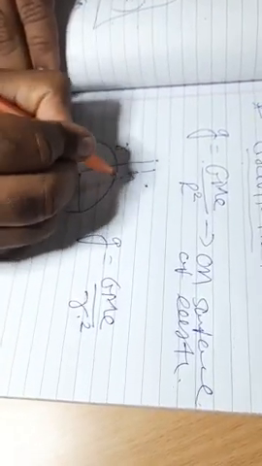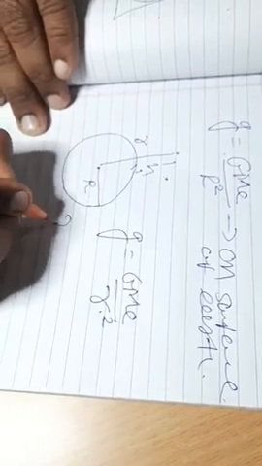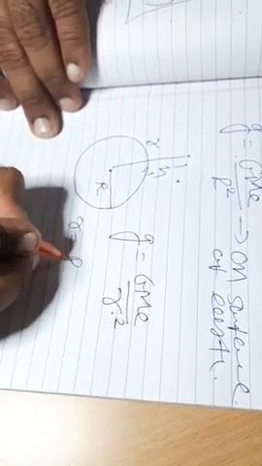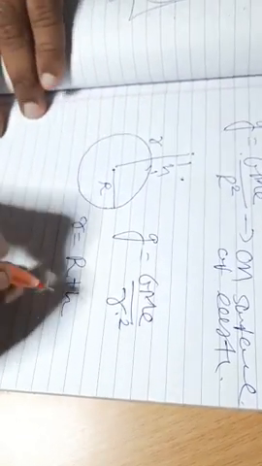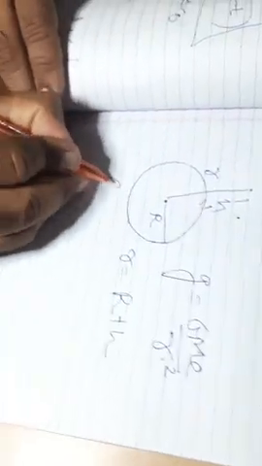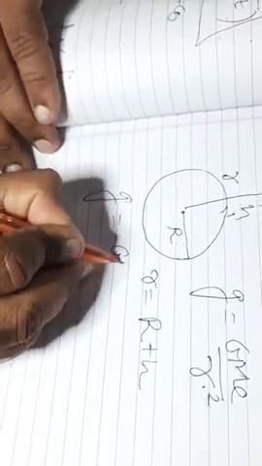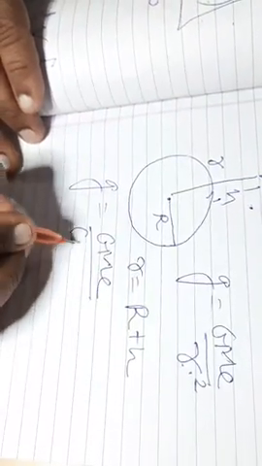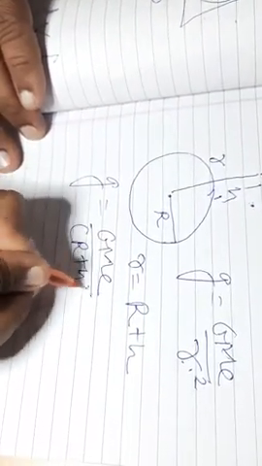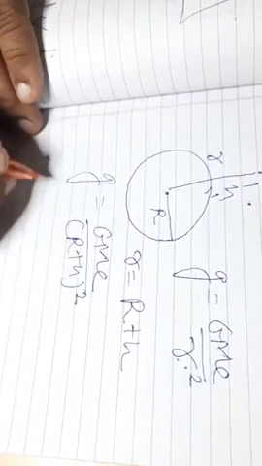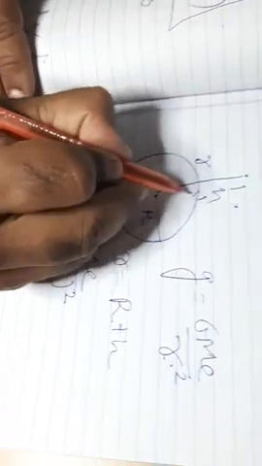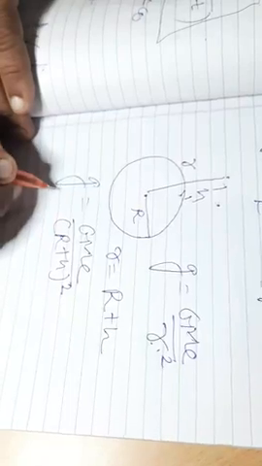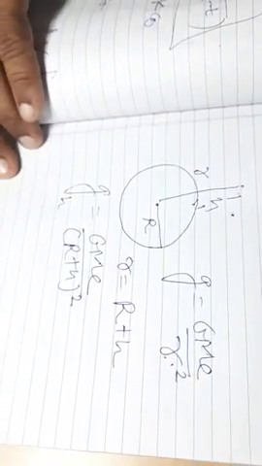Now if this height is h, then r you can replace with R plus h. So g is equal to GMe upon R plus h the whole square. This is gravitational acceleration at some height h from the surface of Earth, which I am writing as gh.